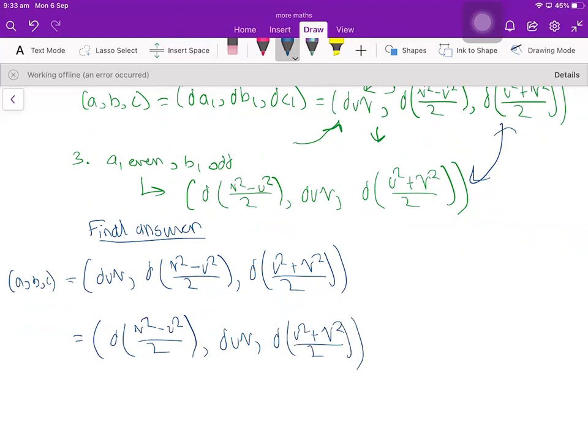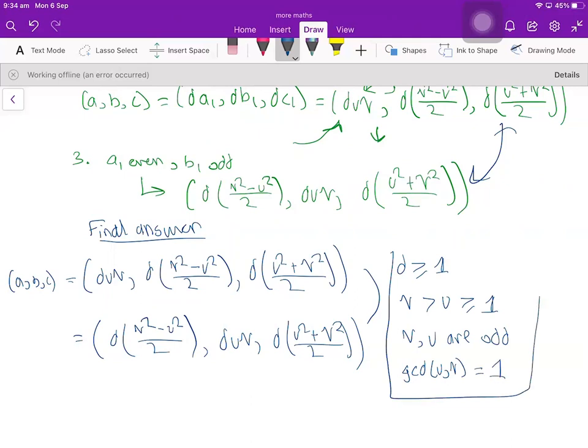And the conditions that are needed on u and v are: d has to just be a positive integer. v must be greater than u, and v and u are positive integers. v and u both have to be odd. And also the GCD of u and v is 1. So these are the conditions on u and v that give every single Pythagorean triple.